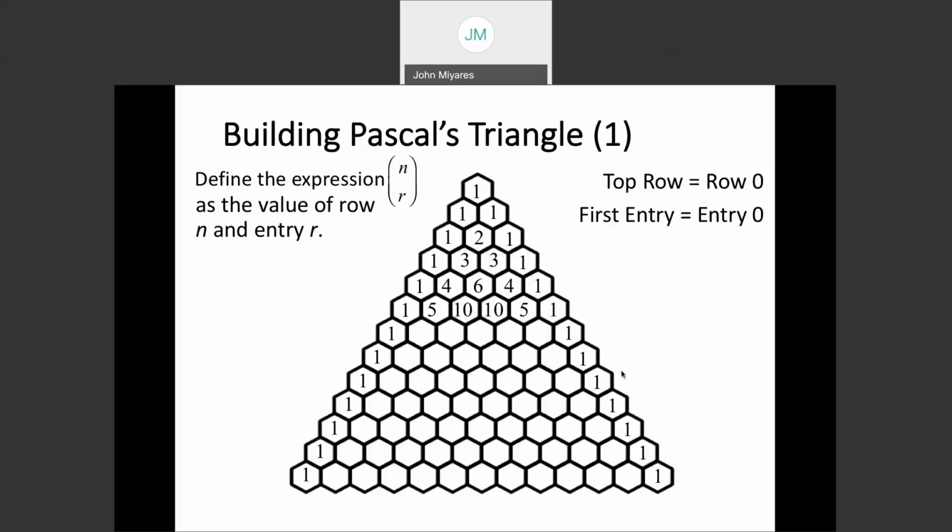Why don't you take a few minutes to try to fill in the rest of the cells on your own? You should be able to pause this video long enough to do that, and then I will show you what the rest of this triangle will be.